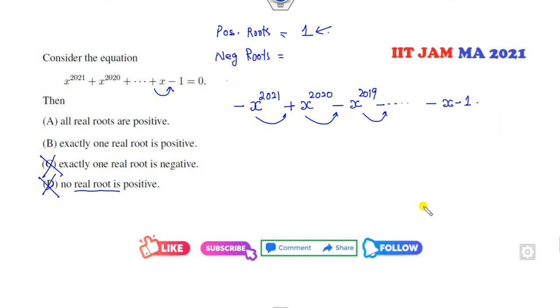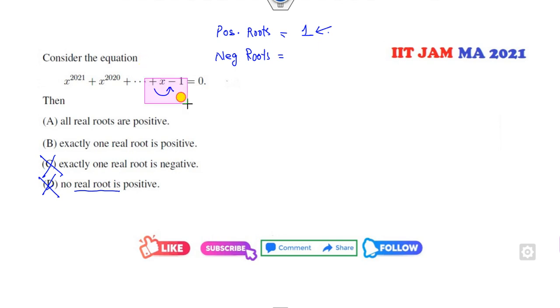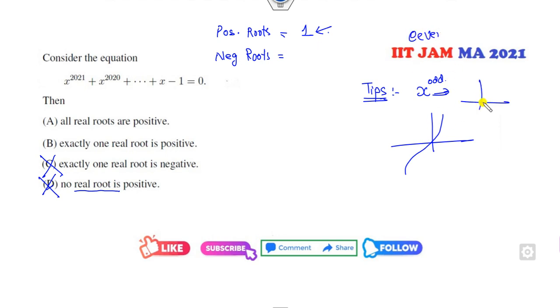Now see, I will tell you one easiest way, because I am unable to count how many changes in sign there are here. I will tell you the simplest approach. Look at the function. We all know if you have a function of odd degree, the graph will always look like this. If it is y is equal to x, y is equal to x cube, it will be here. Whenever it's an even function, it will always be like a parabola.